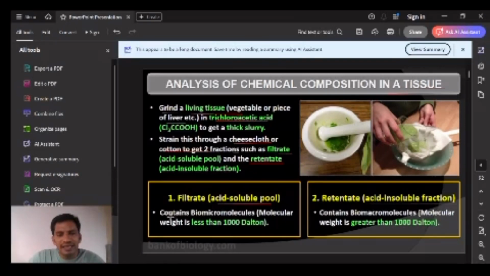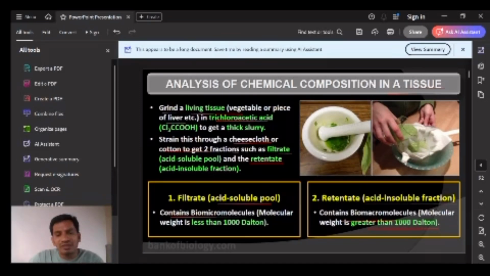The filtrate contains biomicromolecules. It passes through the funnel and filter paper, which is why they are micromolecules with a low molecular weight, less than 1000 Dalton. The retentate contains biomacromolecules, whose molecular weight is greater than 1000 Dalton. Because they have a higher molecular weight, they are not filtered through the cloth and remain in the filter paper.